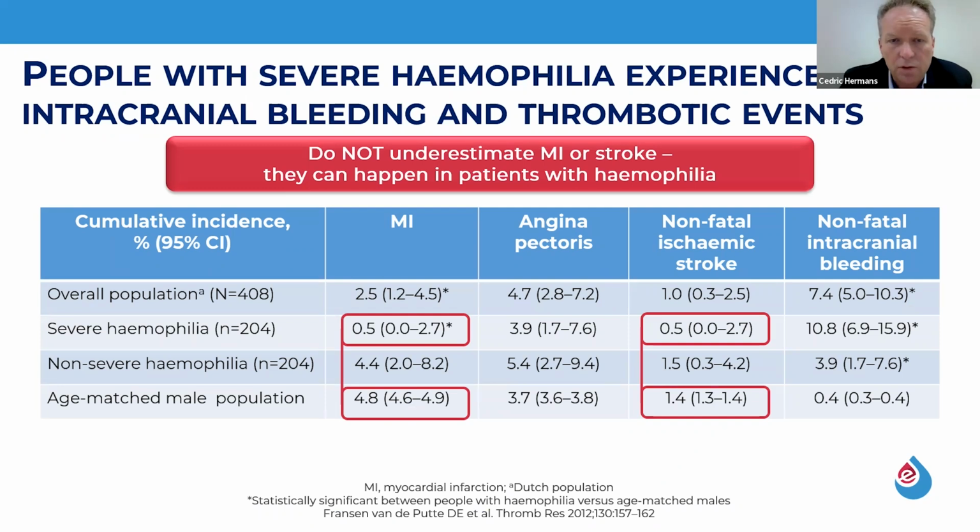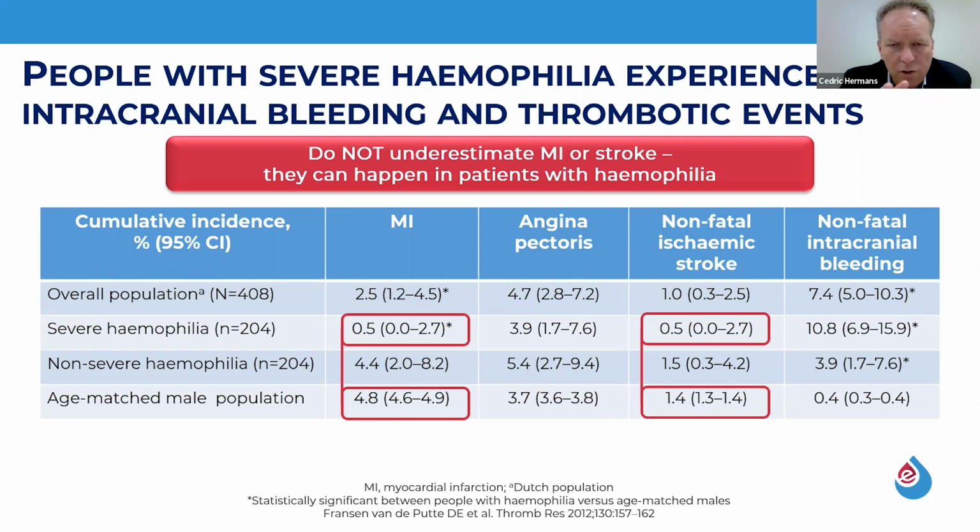I think this is an important study that shows you the risk of myocardial infarction, angina pectoris, non-fatal ischemic stroke, and non-fatal intracranial hemorrhage in different populations. In an overall population of more than 400 patients with hemophilia, then in a subgroup of patients with severe hemophilia, and in a subgroup of patients with non-severe hemophilia.